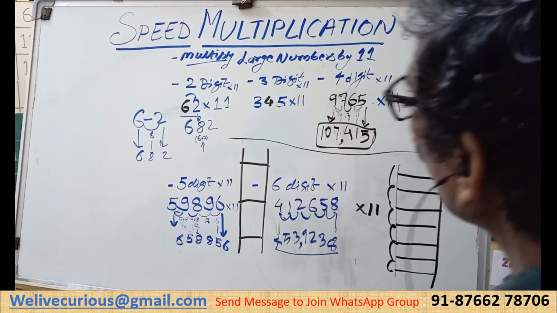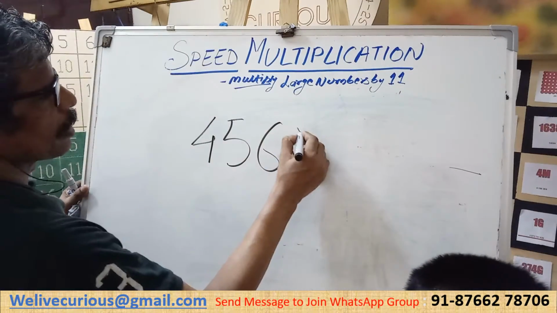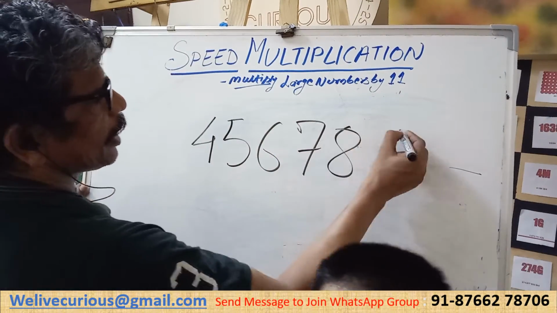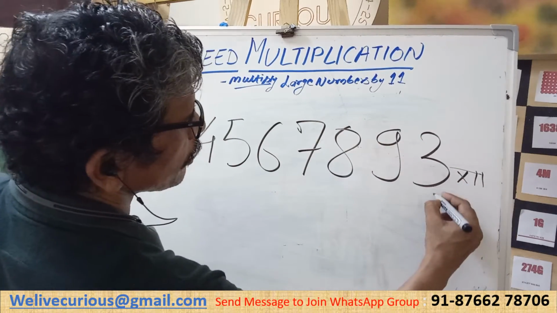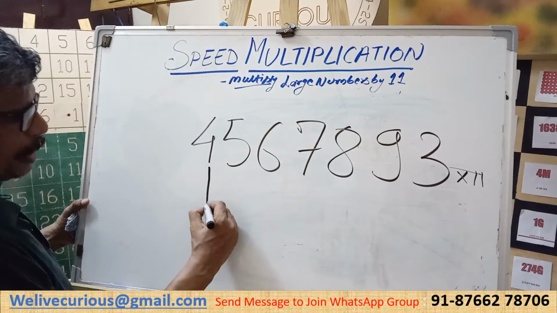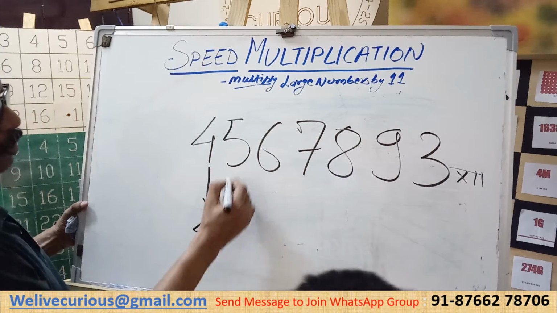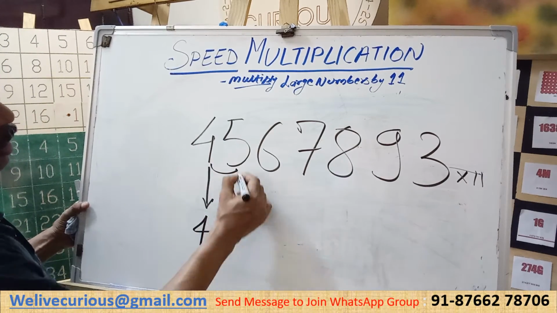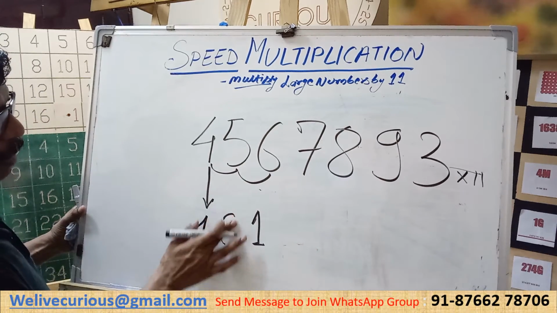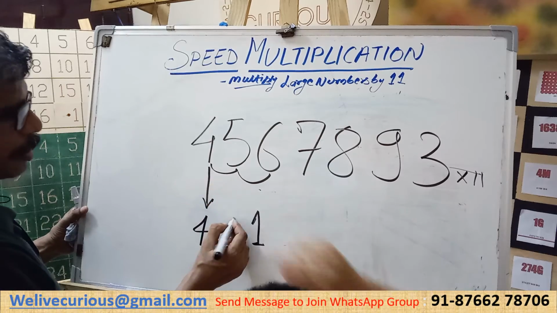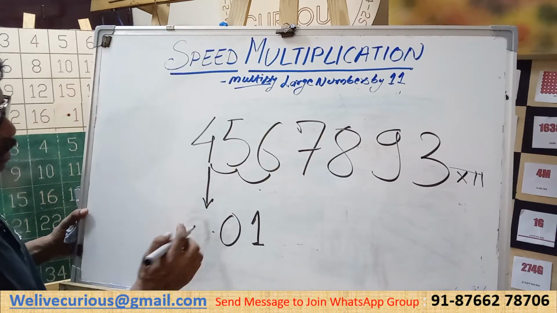5, 6, 7, 8, 9, 3 multiply 11. Simply 4, 4 and 5, 9, 9. 5 and 6, 11. So 1 comes here and this becomes 0 and this becomes 5. 10.